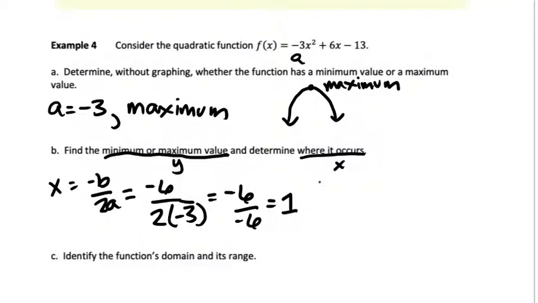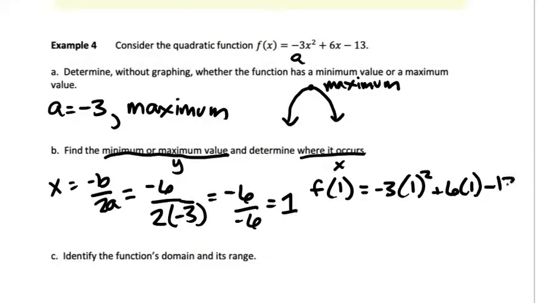The maximum value is the function value, so we plug in 1 for x. That's going to be negative 3 times 1 squared plus 6 times 1 minus 13. So type that into a calculator or just write it out. Negative 3 times 1 is negative 3 plus 6 minus 13. Add that all together, that equals negative 10.